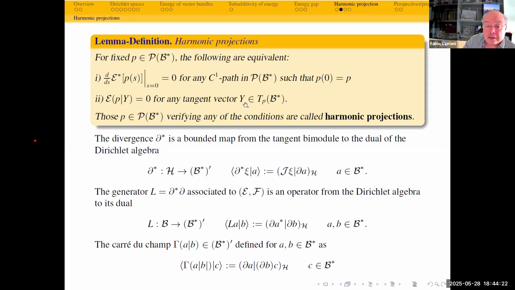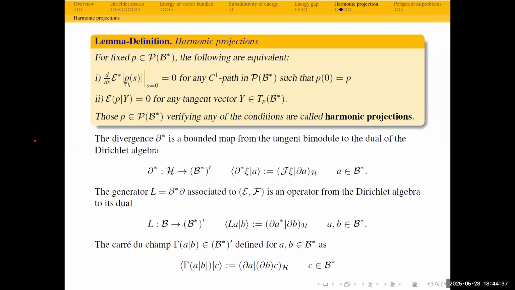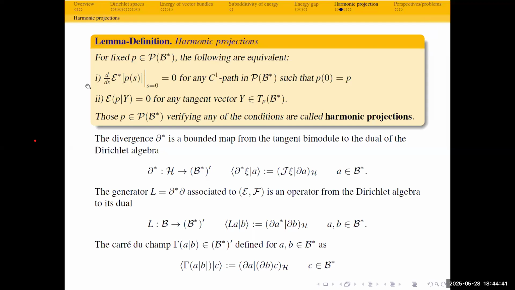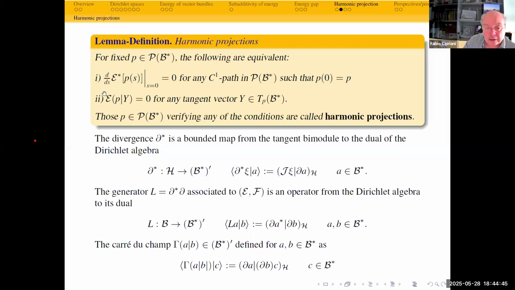So these tangent vectors form the tangent space of an infinite dimensional manifold, but this also allows us to translate this equation and to speak about harmonic projections.